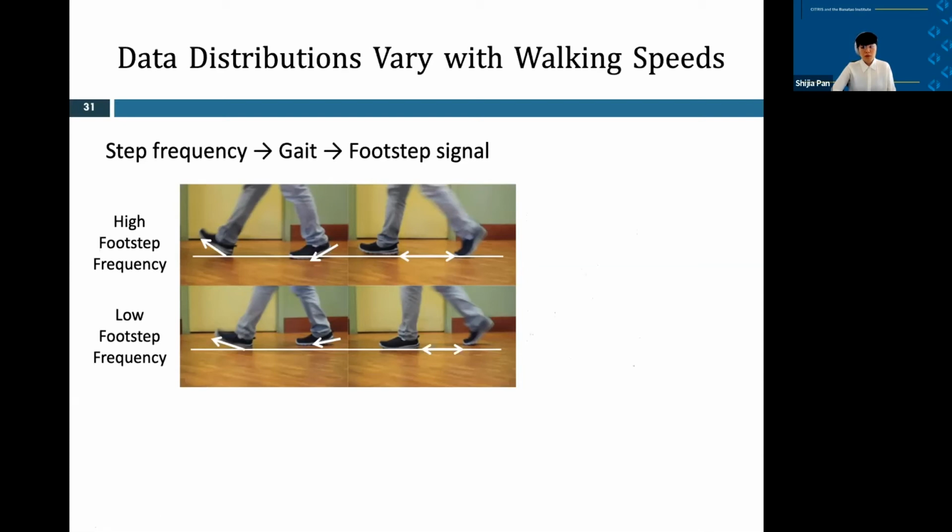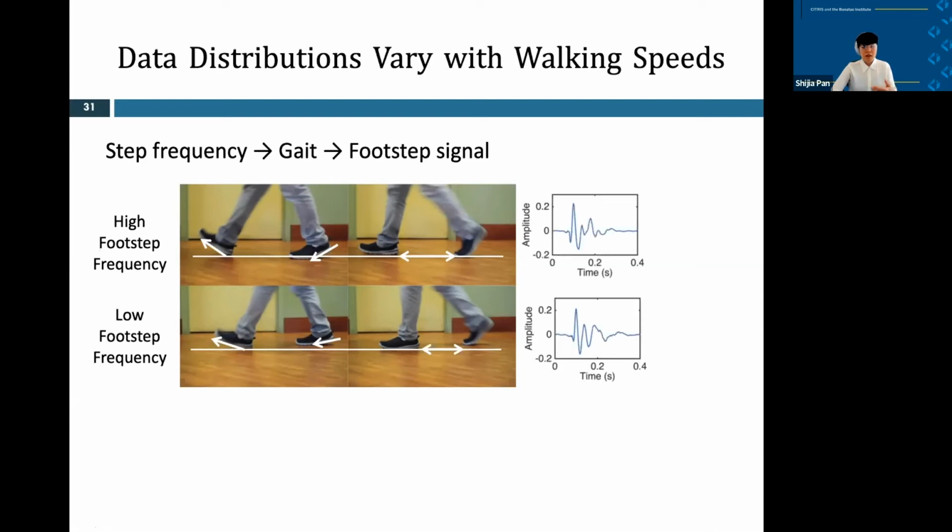So we further look at this same person's footstep-induced vibration signal at different walking speeds, and we actually see very different waveforms, as shown in the figure, where the x-axis is time and the y-axis is amplitude normalized by signal energy. So what does it mean for signal processing and learning?